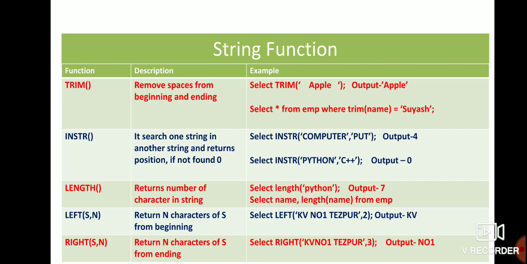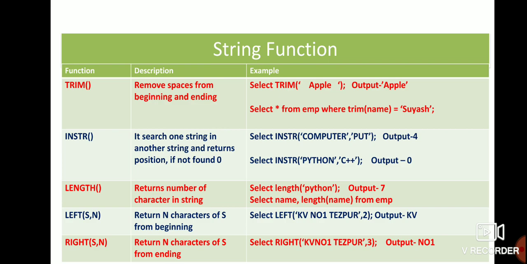Okay, next is instr. What do you mean by instr? It searches one string in another string and returns the position, if not found 0. Like select instr computer comma put. So what will be the output of it? 4. Understand properly: it searches one string in another string and returns the position, if not found 0.